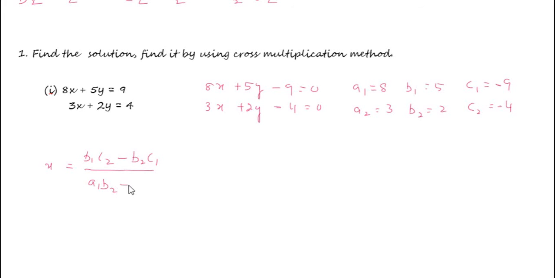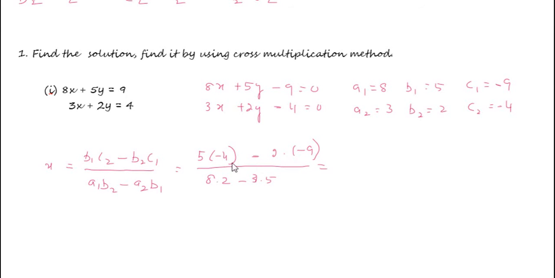Now b1 c2, so 5 into minus 4, minus b2 c1, b2 is 2, 2 into minus 9, divided by a1 b2, 8 into 2, minus a2 b1, 3 into 5.